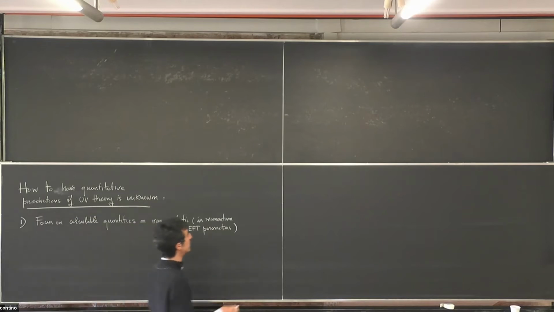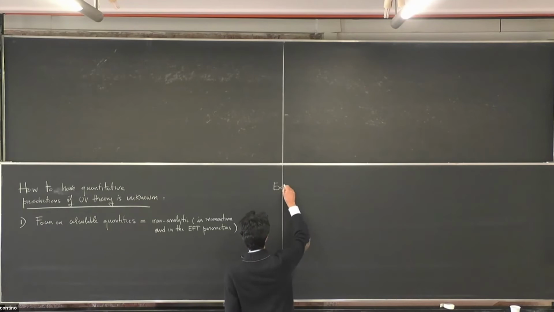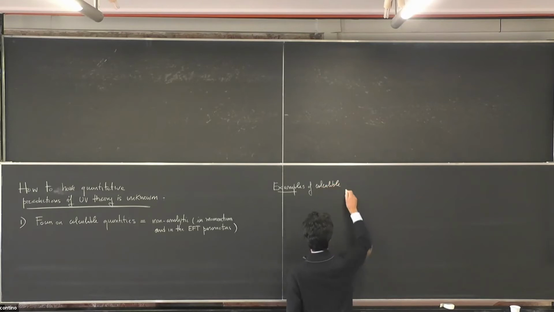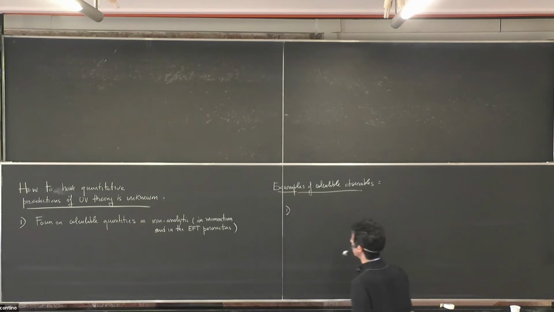Examples of calculable observables. Well, there are a few, so I will just mention two or three examples, but there are several situations in which you can identify calculable quantities.